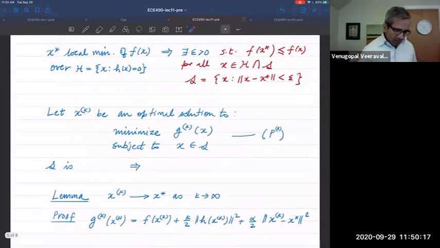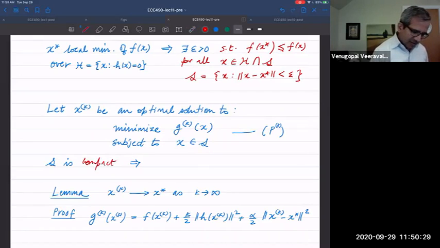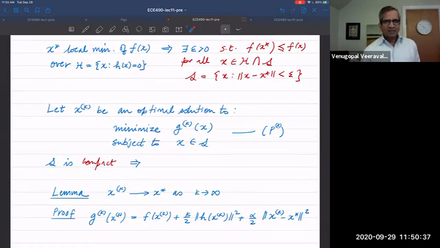Now, we know that there's a solution to this problem because there is a minimizer. Why is that? Because S is compact. S is all the values of x that are sitting in this epsilon ball around x star. X star is some value in R^n that's not infinity, it's a well-defined value in R^n.